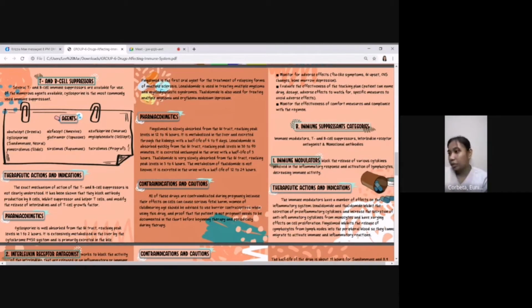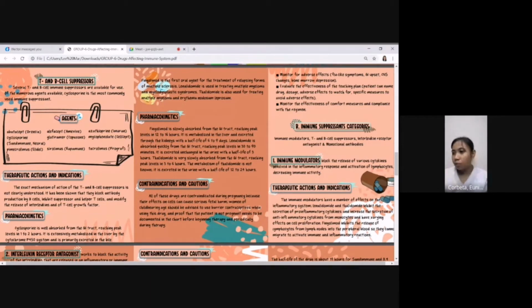Fingolimod inhibits the release of lymphocytes from lymph nodes into the peripheral blood so they cannot migrate to activate immune and inflammatory reactions. Fingolimod is the first oral agent for the treatment of relapsing forms of multiple sclerosis.